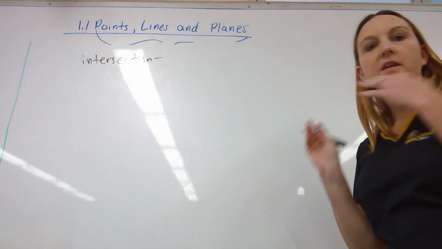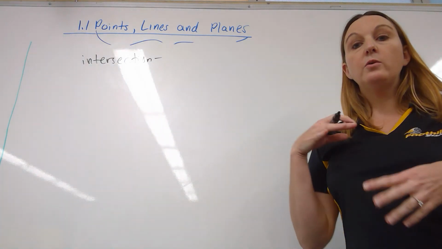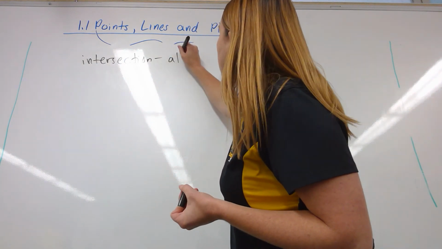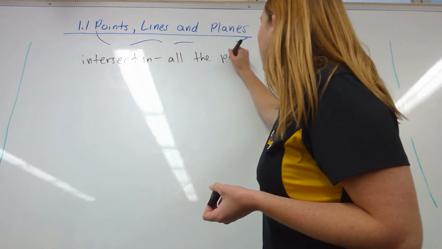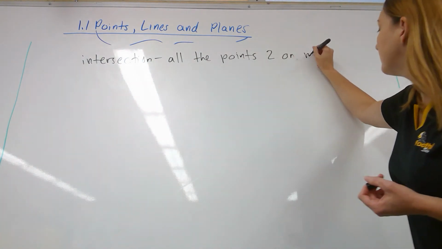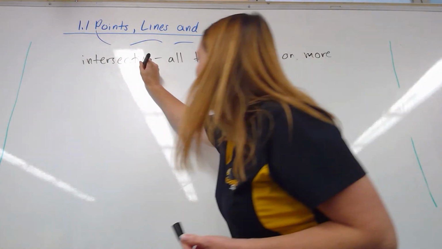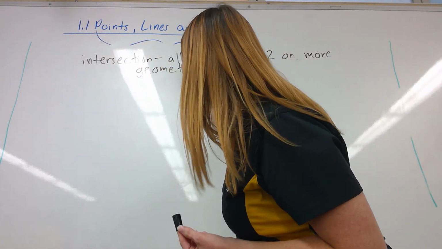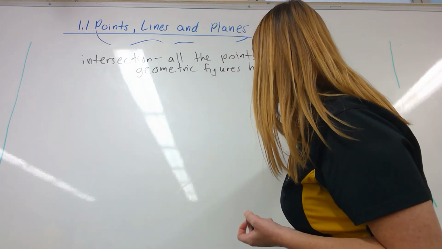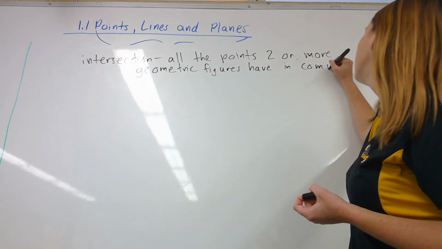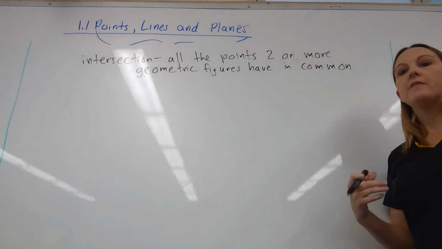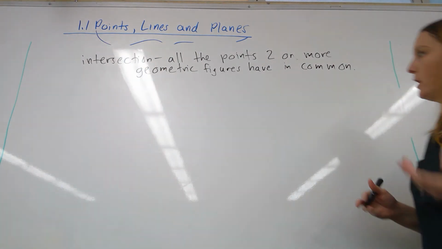Okay, so an intersection between two or more geometric figures is all of the points that the figures have in common with one another.